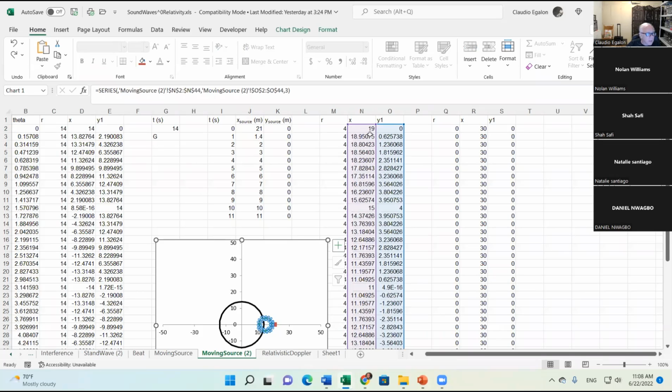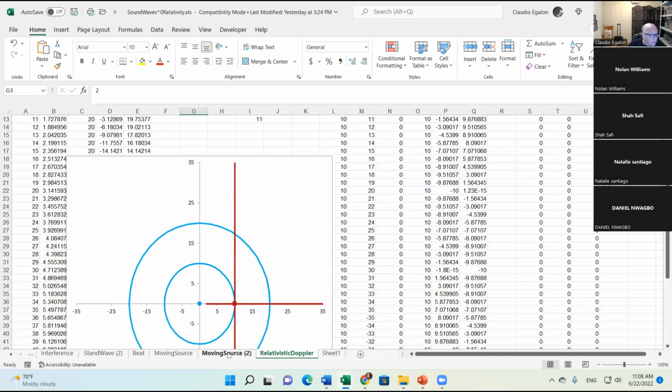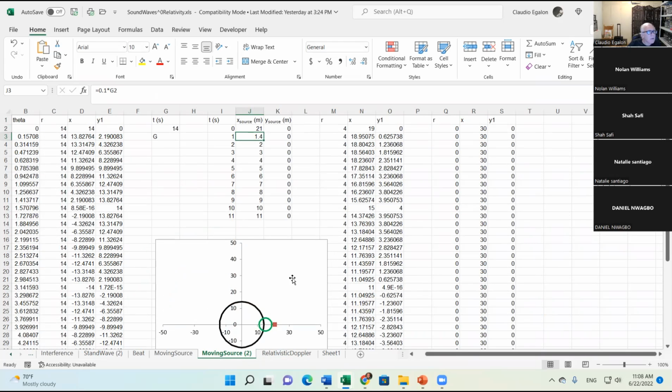That's the second wave. Well, we're going to keep it at 1.5. I don't remember how to change that anymore. Relativistic Doppler doesn't apply to that.